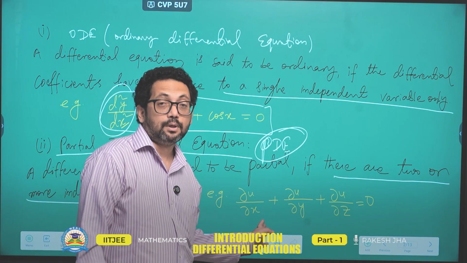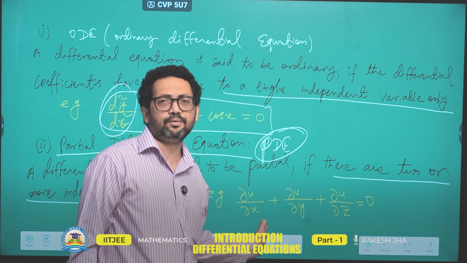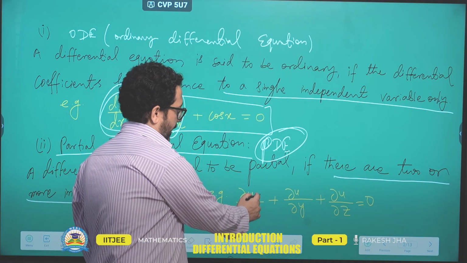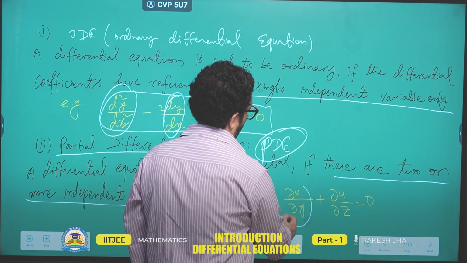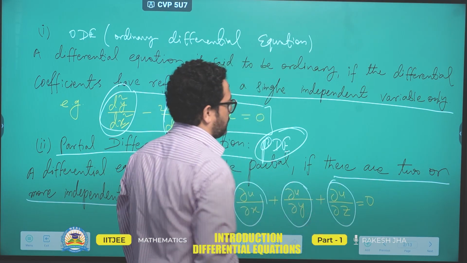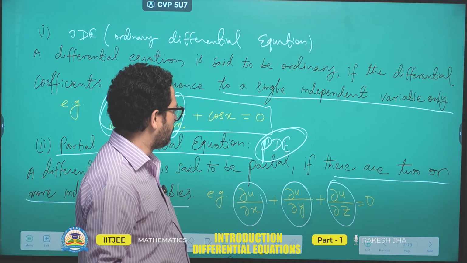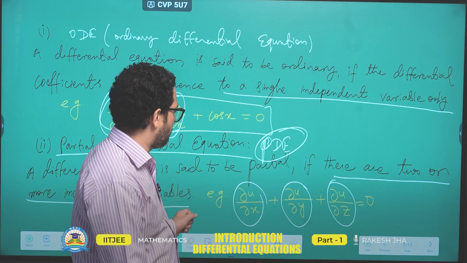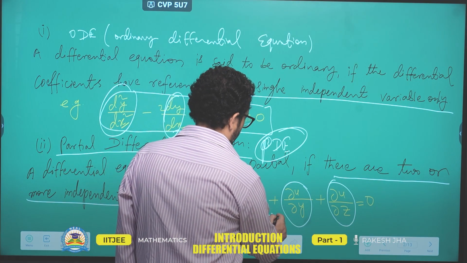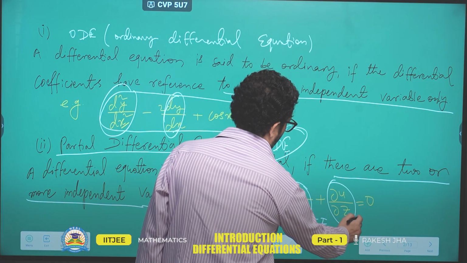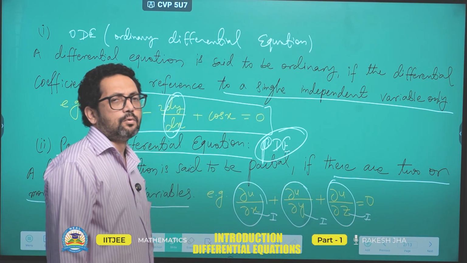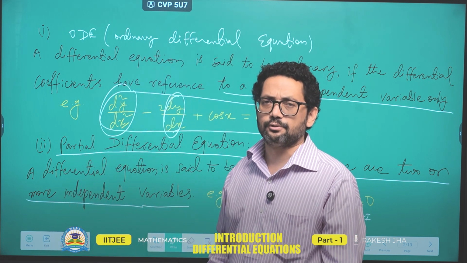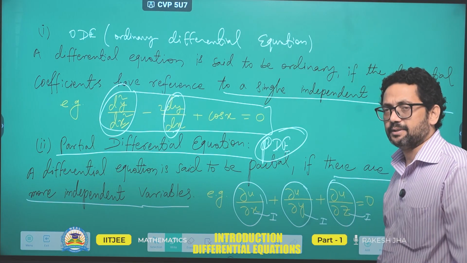Because in partial we have different notations. So dou u upon dou x plus dou u upon dou y plus dou u upon dou z is equal to 0. This is a classic example of a partial differential equation, because we find here x is an independent variable, y is also an independent variable, and z is also an independent variable. So either two or more than two independent variables are present.